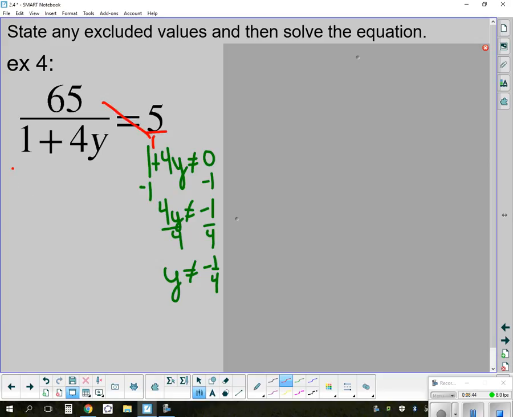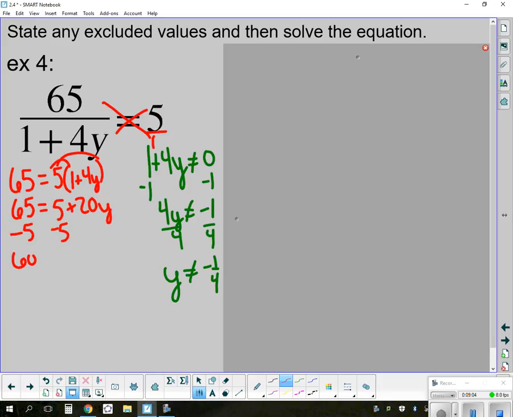So when we're solving here, we have 65. And when we cross multiply on this side, again, remember, it's 5 times the whole quantity, 1 plus 4y. So 65 equals 5 plus 20y. Subtract 5. 60 equals 20y. Divide by 20.